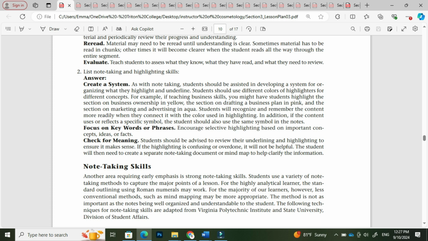Check for meaning. Students should be advised to review their underlining and highlighting to ensure it makes sense. If the highlighting is confusing or overdone, it will not be helpful. The students will then need to create separate note taking documents or mind maps to help clarify the information.